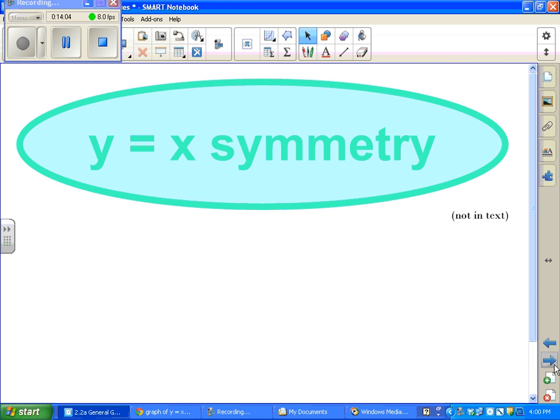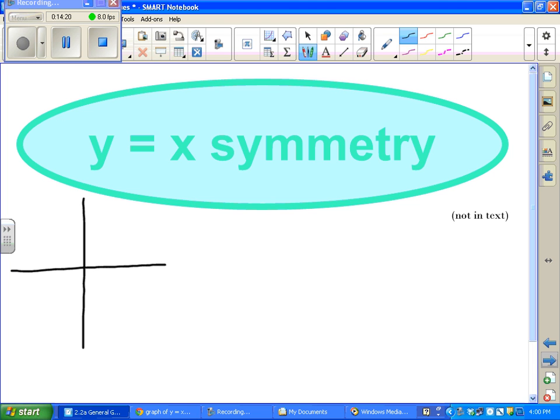Third type of line symmetry. This is not in the text, but y equals x symmetry. So where is, first of all, the line y equals x? If I sketch the coordinate plane, the line y equals x means that if you think about it as a table, if x equals 1, y equals 1. If x equals negative 1, y equals negative 1.